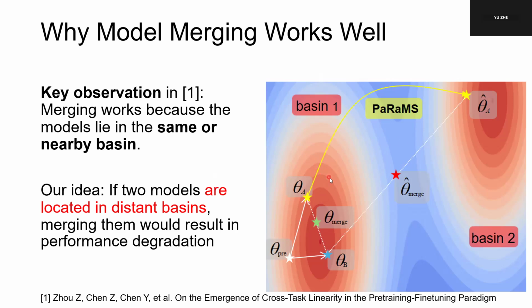So if we can find a way to move theta A to theta A hat, then merging theta B and theta A hat can result in a very poor performance model, since as the figure shows, the theta merge hat is in a high loss region.